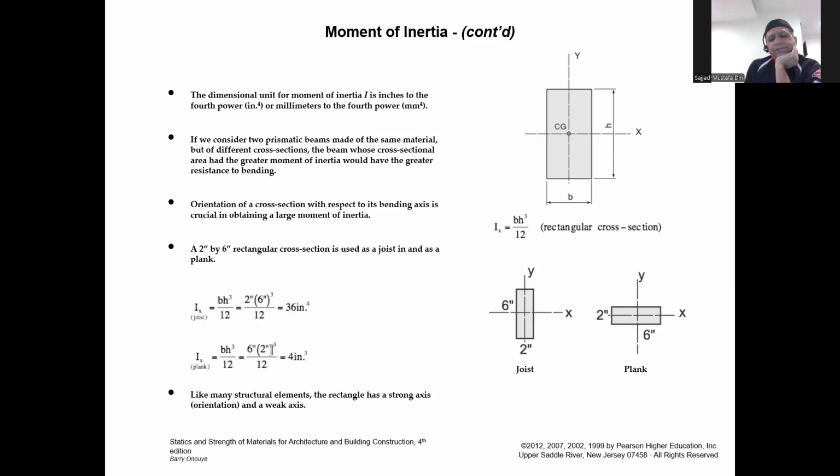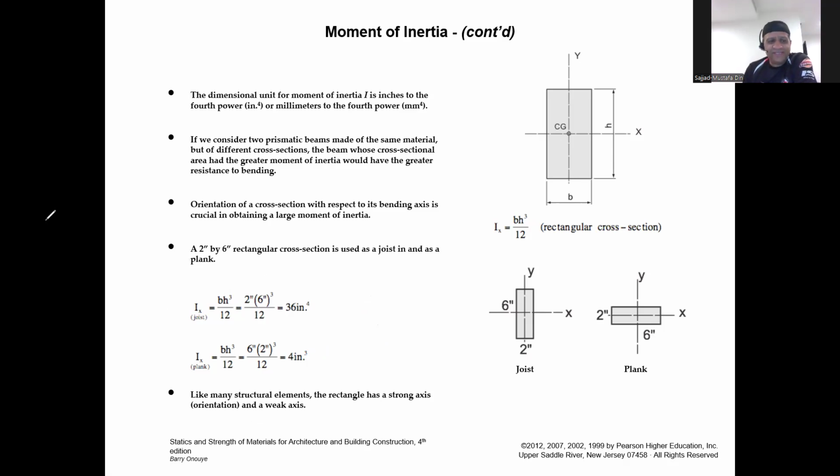What's 6 times 8? 2 times 2 times 2 is 8. 8 times 6 is 48, divided by 12 is 4. Yeah, this should be 4. So I think the book makes an error here. It should be 4 inches to the power 4. Let's just keep that in mind. You don't want to make that mistake. You'll get the right answer, but then you'll have the wrong units.